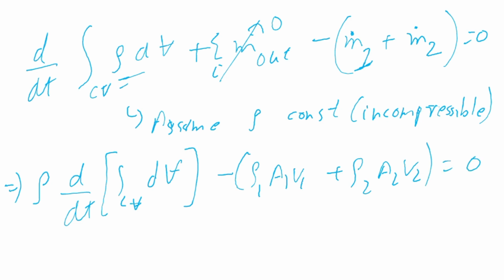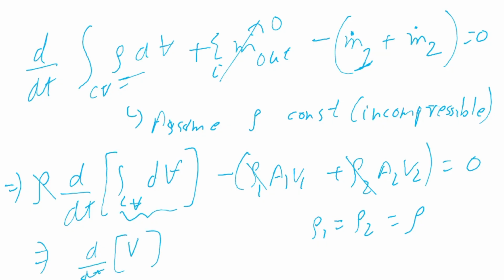And hopefully you realize that it's water that is coming in, so rho 1 equals rho 2 equals rho, so you can cancel those terms out. Okay, so once you have done that, then you have to integrate this. Integral of this is just the volume, right? So d dt of the volume of fluid in the tank is equal to minus, or if you take it to the right hand side, a1 v1 plus a2 v2.